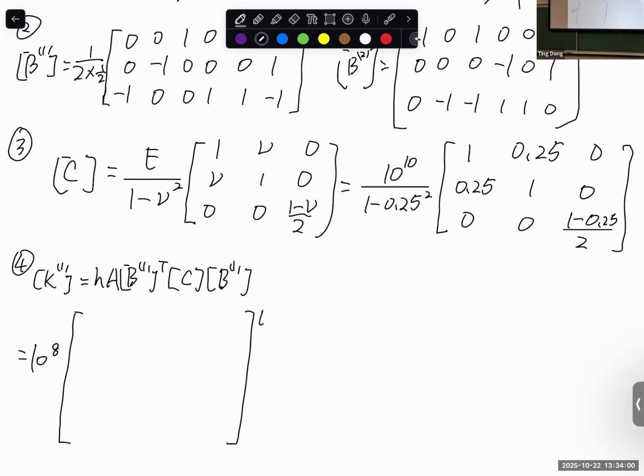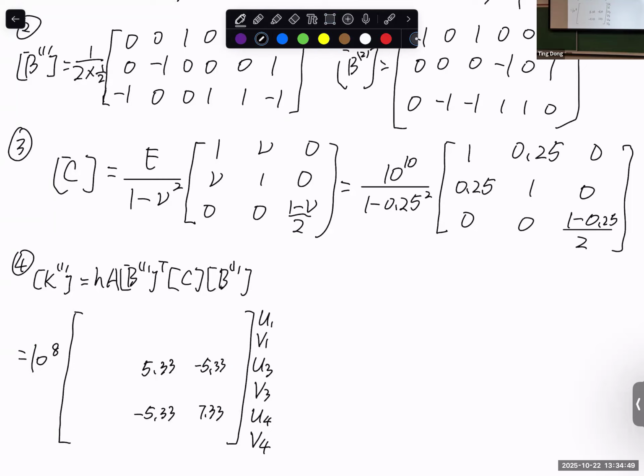Let's put the row index here: U1, V1, U3, V3, U4, V4. This is the first element.